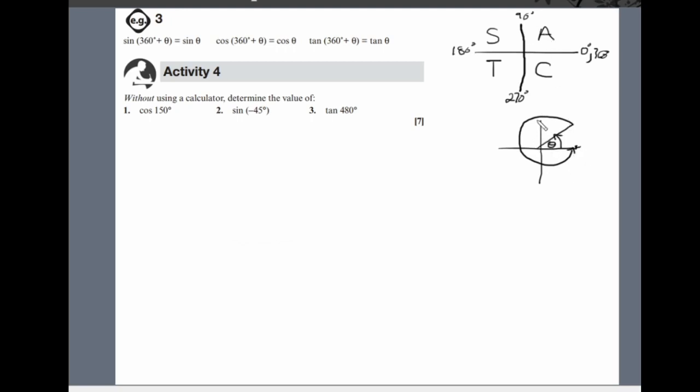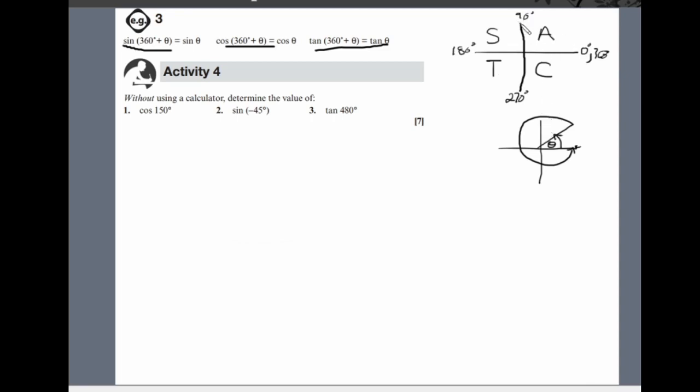So to make sure that we are always dealing with acute angles, we use reduction formulas like this, right? Depending on the quadrant that you are in, let's say we are in the second quadrant, our angle will be between 90 and 180. So our reduction formula will be 180 minus theta, and the third quadrant will have 180 plus theta, the fourth quadrant will have 360 plus theta, and so on, right?